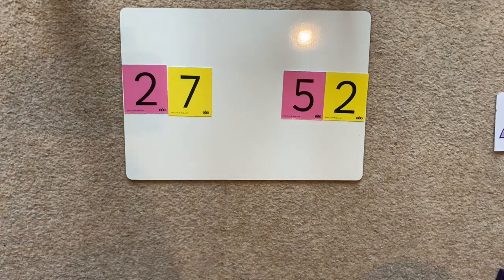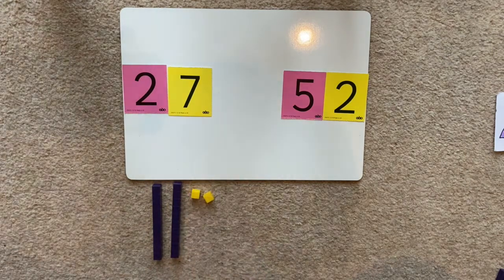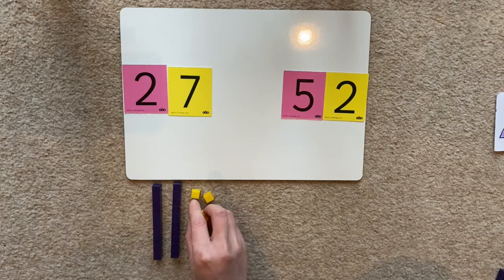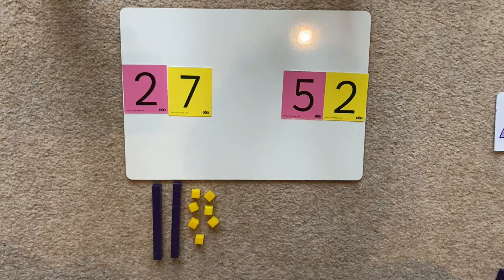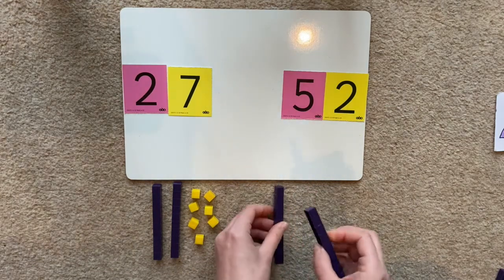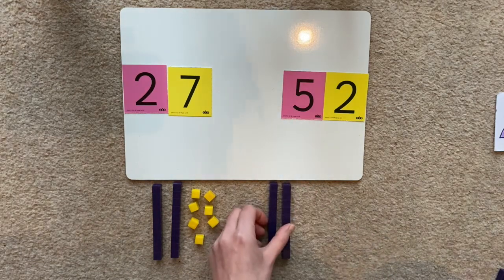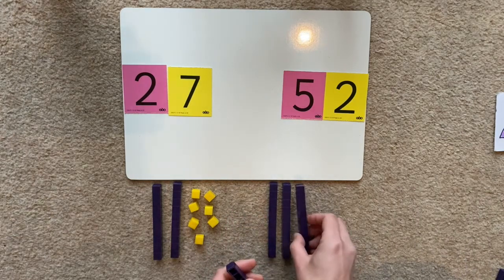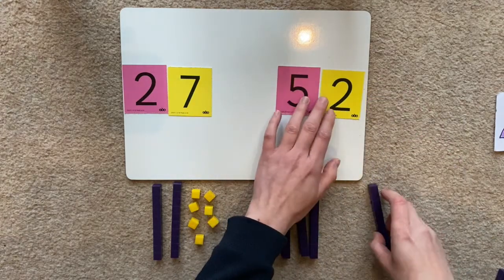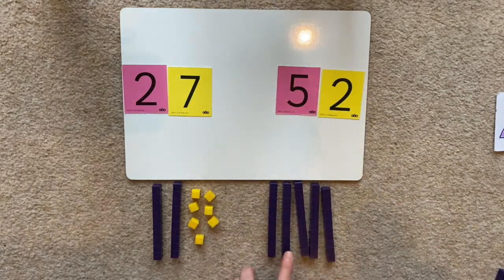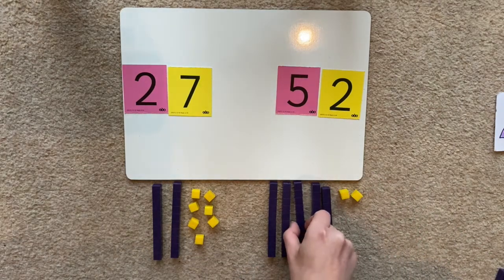So 27, we've got 10, 20, 21, 22, 23, 24, 25, 26, 27. 52, 5 tens. 1, 2, 3, 4, 5, 10, 20, 30, 40, 50, 51, 52.